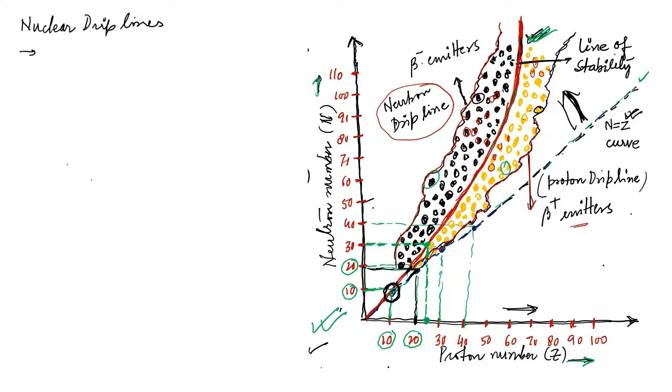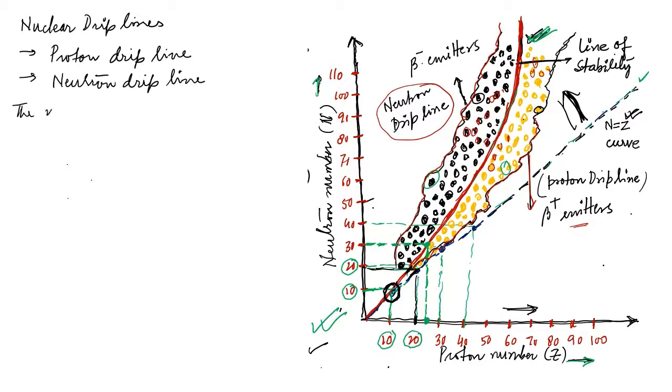One is the proton drip line, and the other one is the neutron drip line.